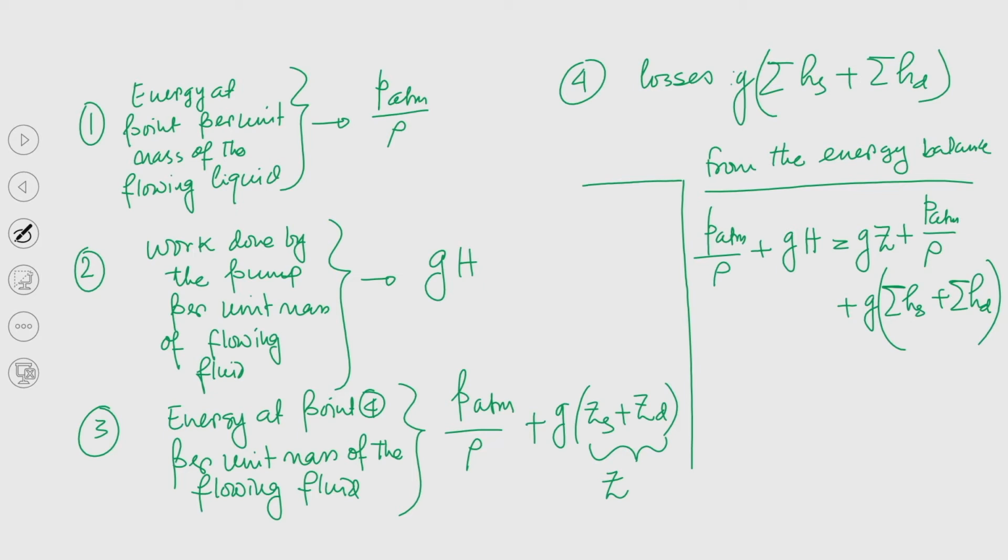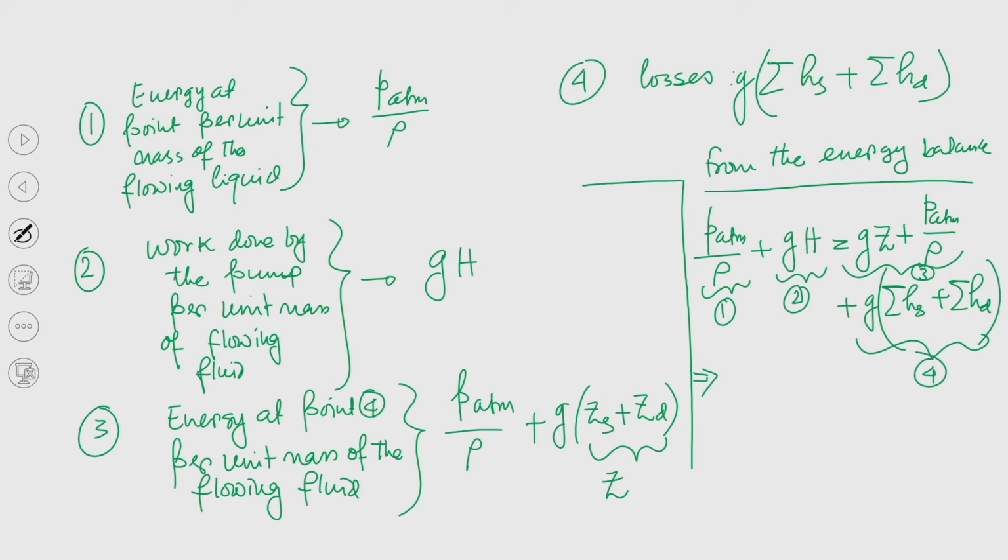because not only the frictional loss in the pipe, but losses in the bends, valves, etc. will be there. To take those losses into account, we have used this summation. So, we can write from this expression, at point 4, this is the work done by the pump, and this is 1, this is 2, this is 3 and this is 4.